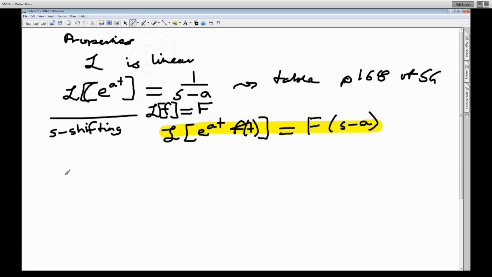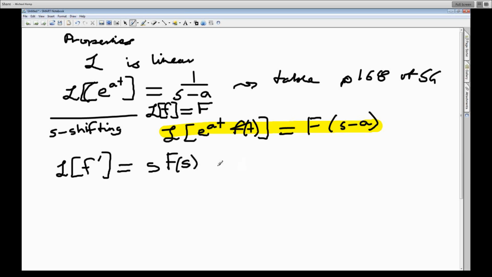So other ones is, well, at the end of the day, I guess what we have in our mind is, although this is useful to find some Laplace transforms, the main application is derivatives. So I would like to be able to work out the Laplace of a derivative or a double derivative, etc. And roughly speaking, the Laplace of a derivative ends up being multiplication by S. That's roughly what it is.